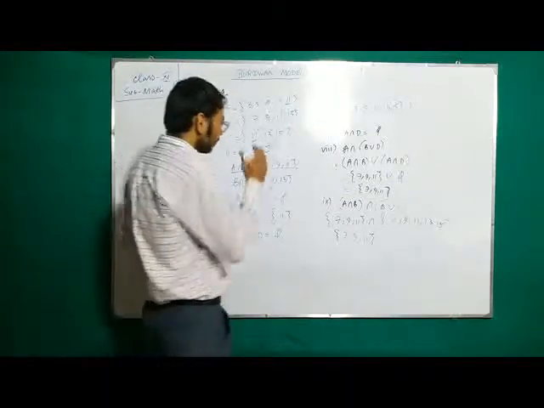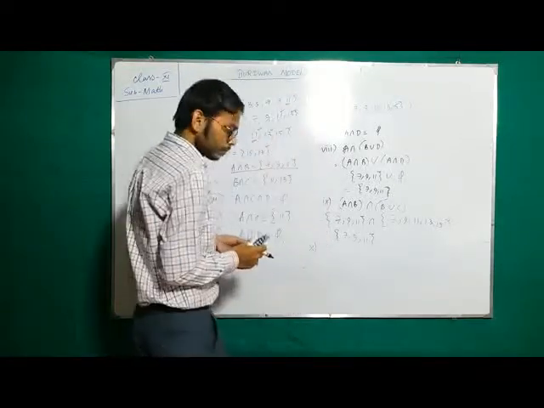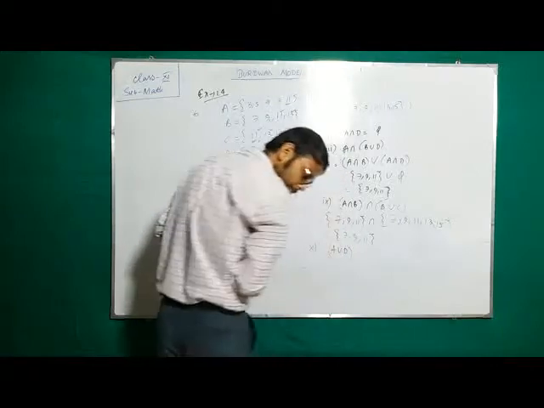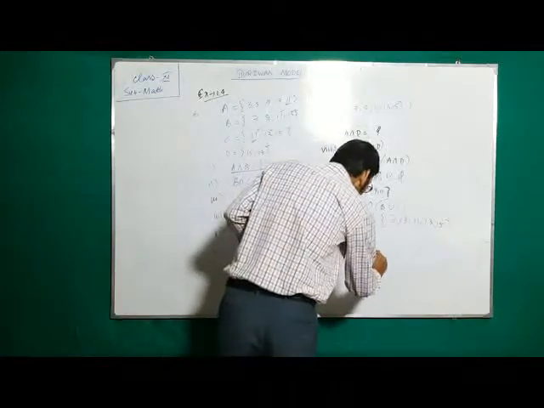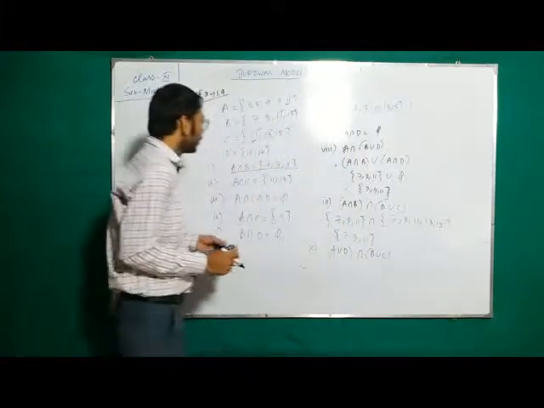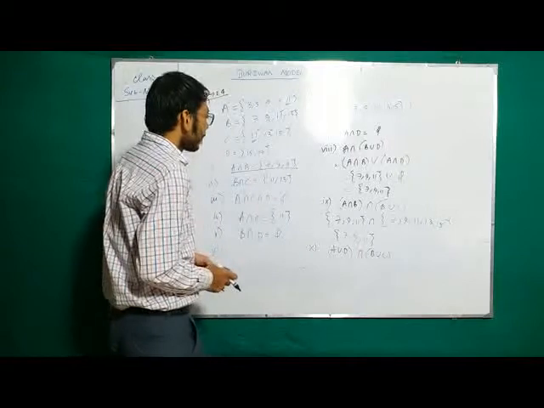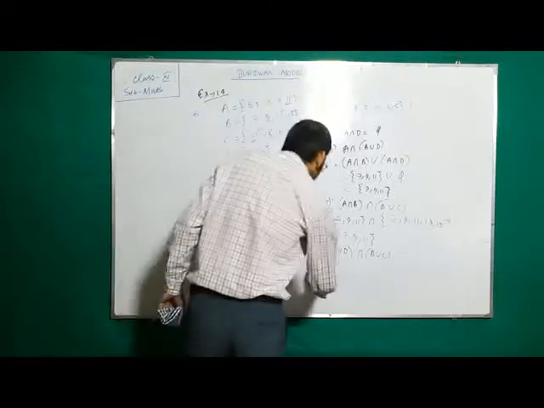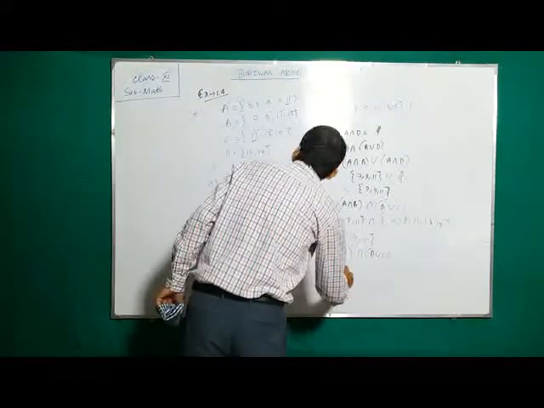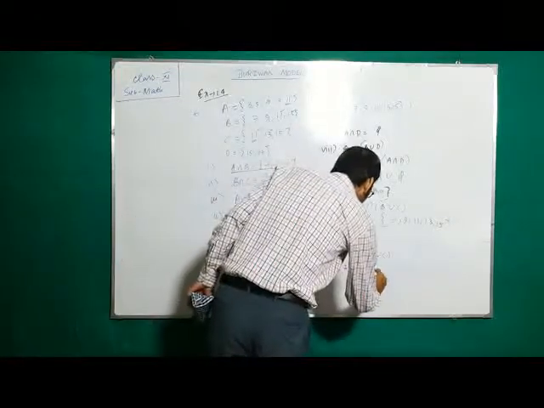Now the last one, question number 10. A union D intersection B union C. A union D means 3, 5, 7, 9, 11, 15, 17.